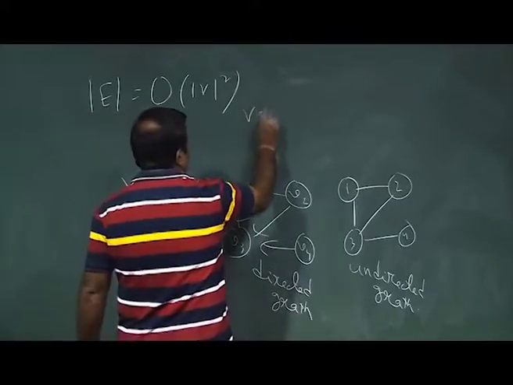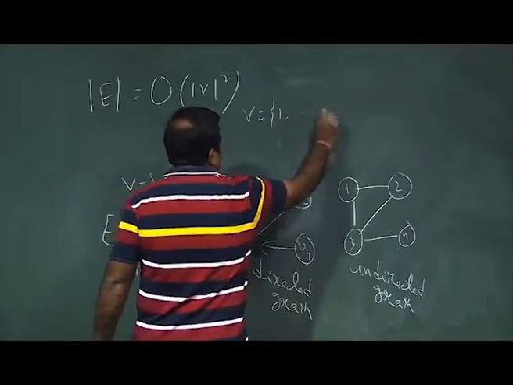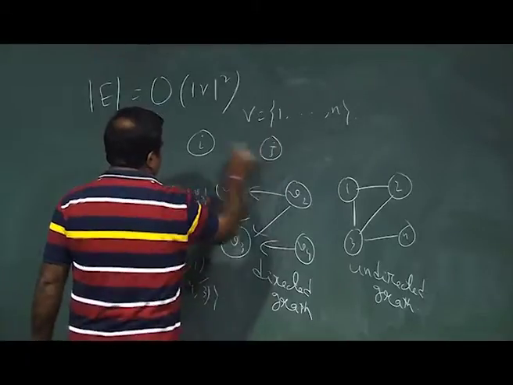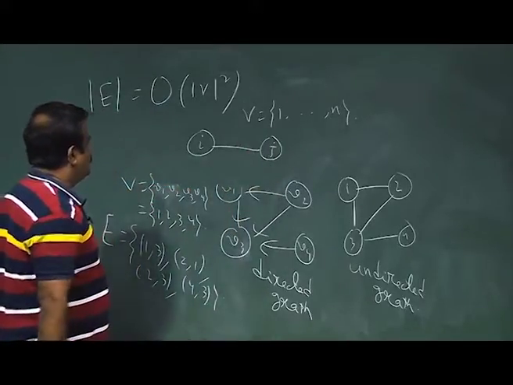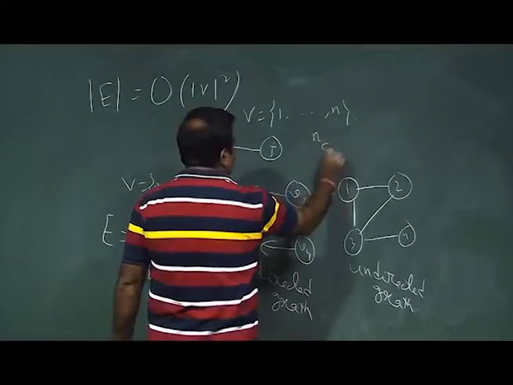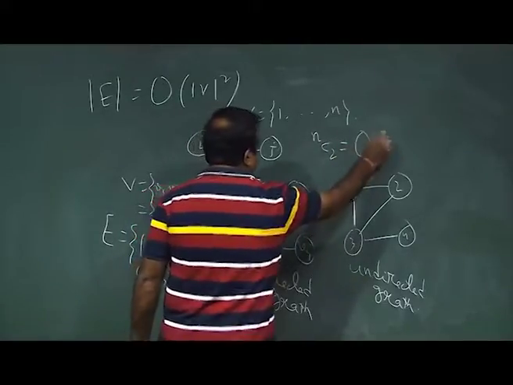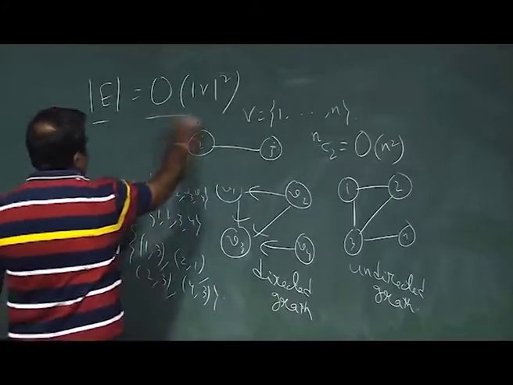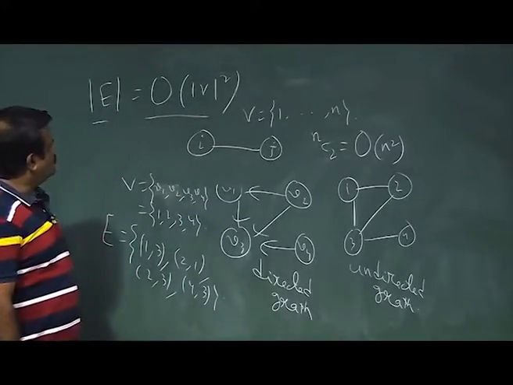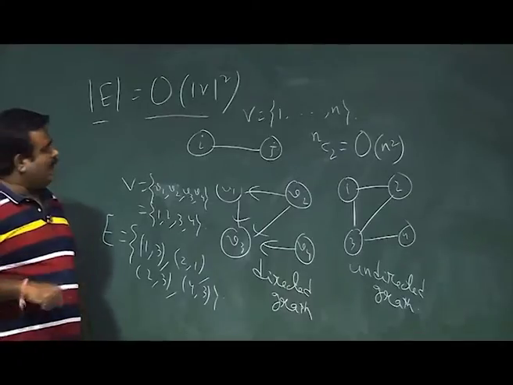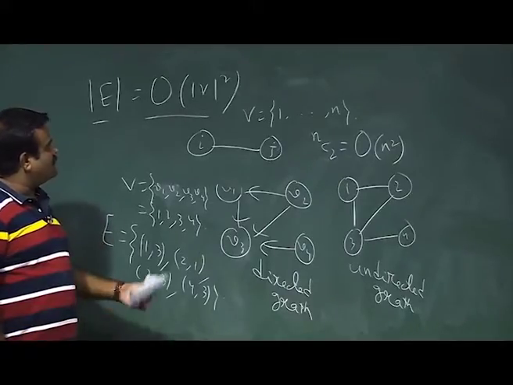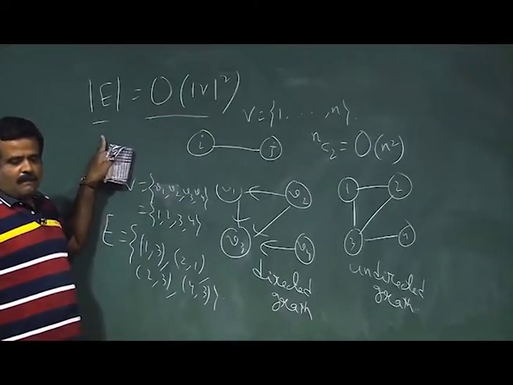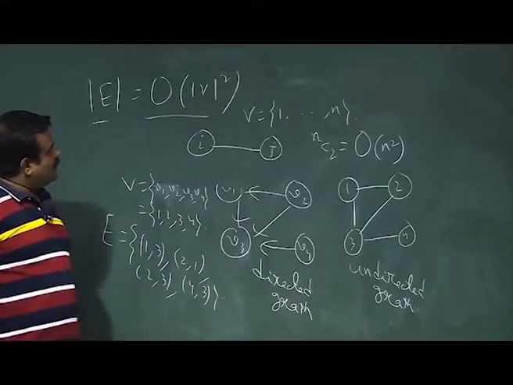If we have n vertices V1, V2, up to Vn, and we take any two vertices i and j with an edge, then there will be n C 2 edges, which is order of n square. So that is why the number of edges is upper bounded by order of n square, for a complete graph.